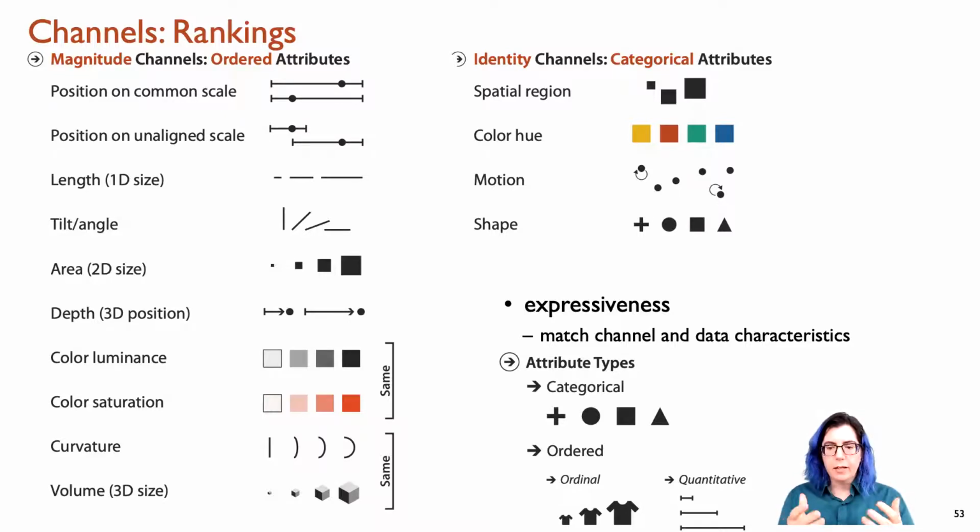If we have a mismatch, then we have one of two failure modes. We could lose information if we try to show ordered attributes with identity channels. We lose the ability to show that order. Or if we take unordered, categorical information and show it with a magnitude channel, there's going to be something arbitrary there because we are implying order where we don't necessarily have one in the data.